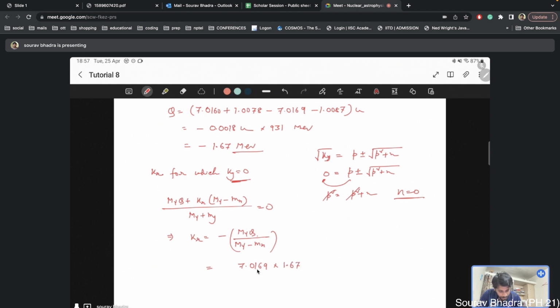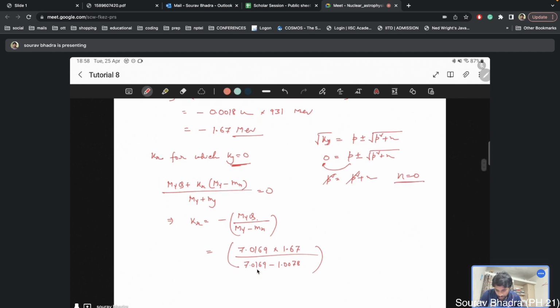Q has a minus sign, this minus sign will cancel the other minus sign, so the whole thing will be positive, and my minus mx means 7.0169 minus 1.0078. You can calculate it, and the answer will be 1.95 MeV. So we got Kx is 1.95 MeV.